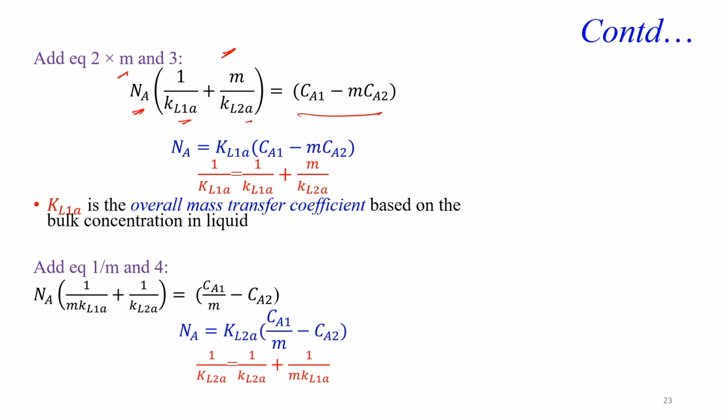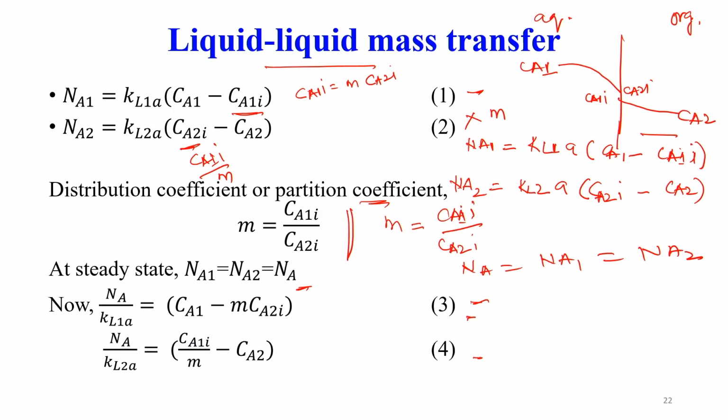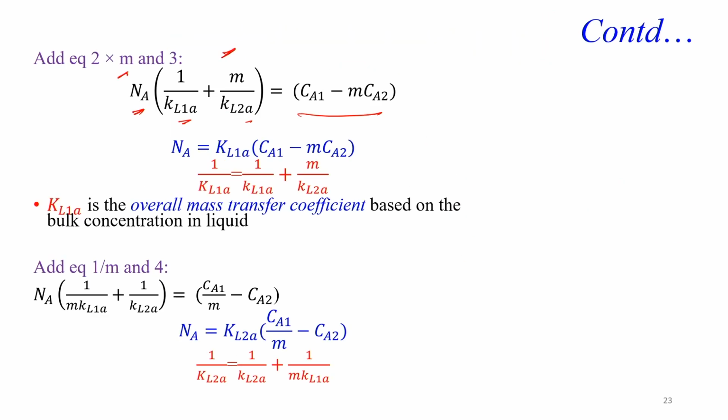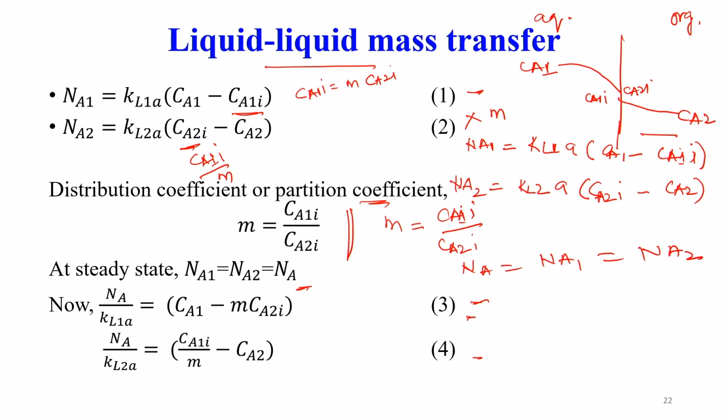So, actually what is happening here, the interfacial concentration will be cancelled out. I will do here one, let us say I multiply equation 2 with M.